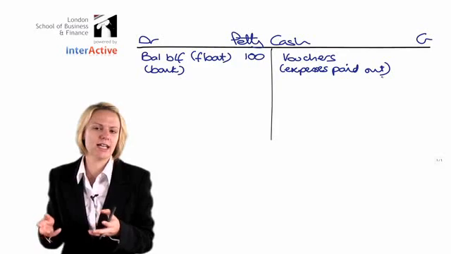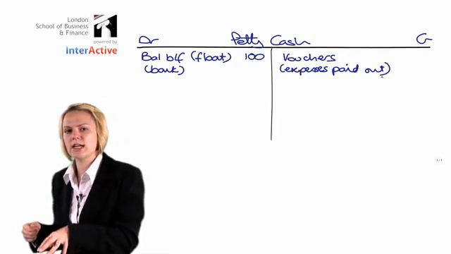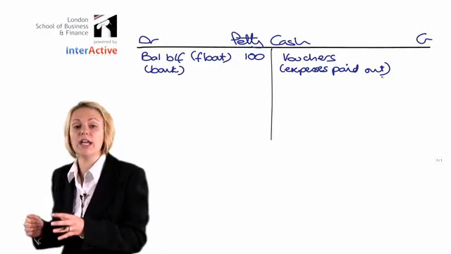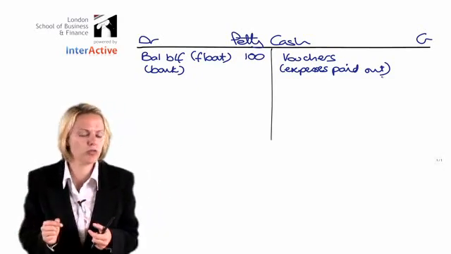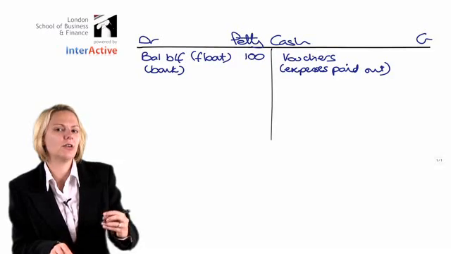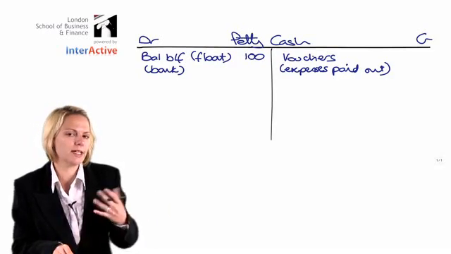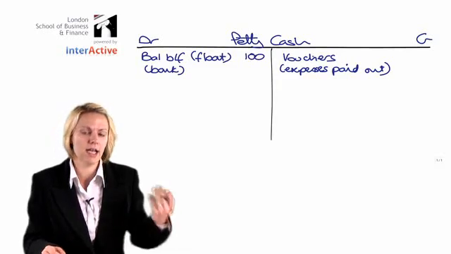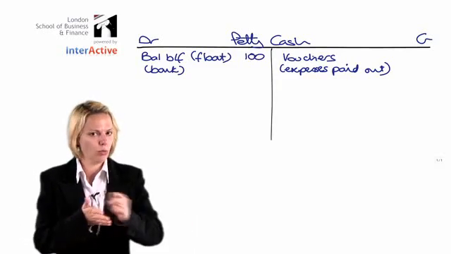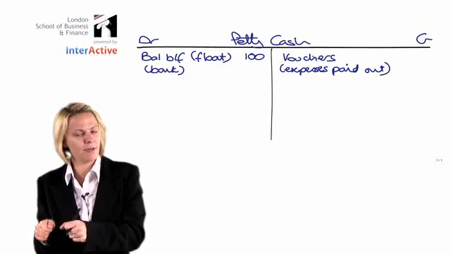Remember, petty cash is an asset. If you've got $100 sat on your premises, that's a lot of money. You know, it could go somewhere. So we have to keep control over it. And we write a voucher for every different type of expenditure we pay out. So every time we buy a pack of biscuits and we take money out of petty cash, we'll write a voucher and put it in the petty cash tin.